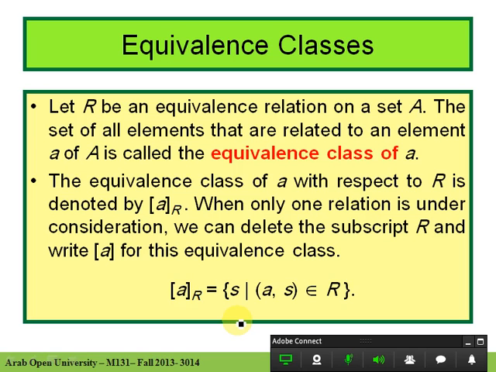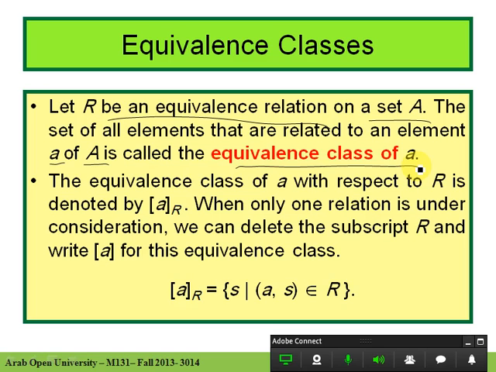Now moving ahead to equivalence classes. Now we are going to talk about a set of the relations. Let R be an equivalence relation on a set A, then the set of all elements that are related to the element a of the set A is called the equivalence class of a.